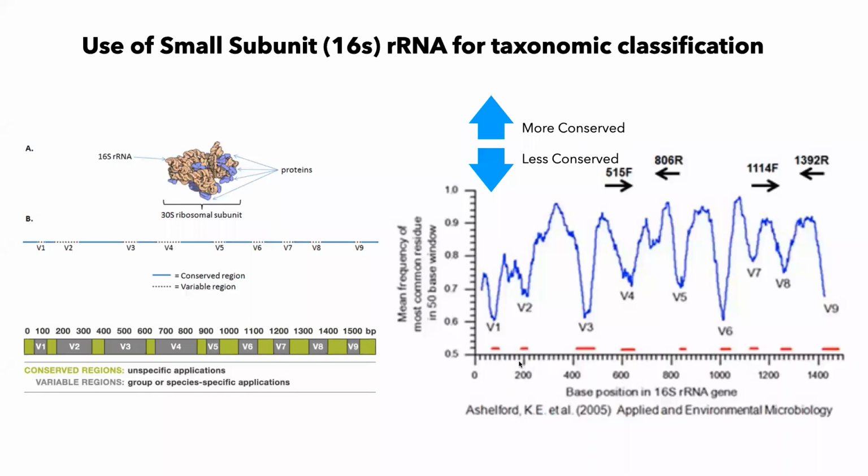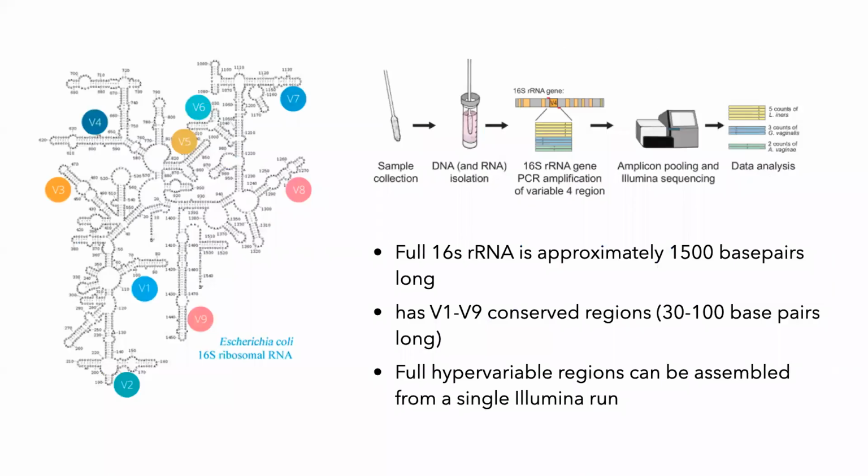When we talk about 16S ribosomal RNA amplicon sequencing, typically we are going to talk about maybe 1, 2, or several of these hypervariable regions. There's a total of 9 of them. They range between 30 and 100 base pairs long, and are involved in the secondary structure of the small ribosomal subunit.